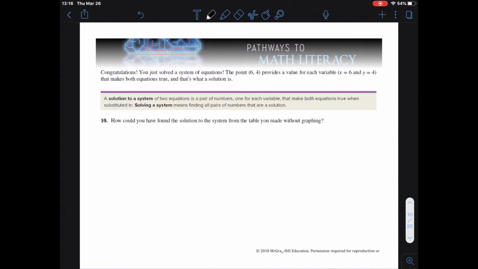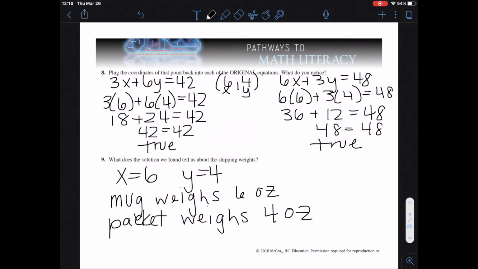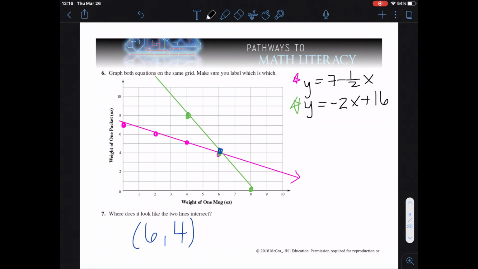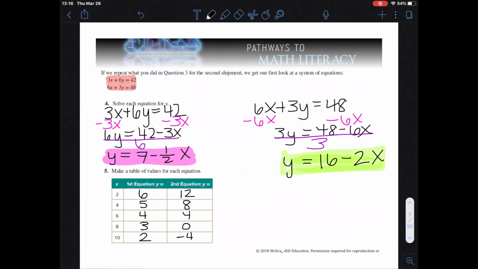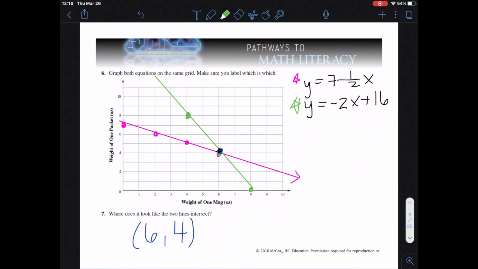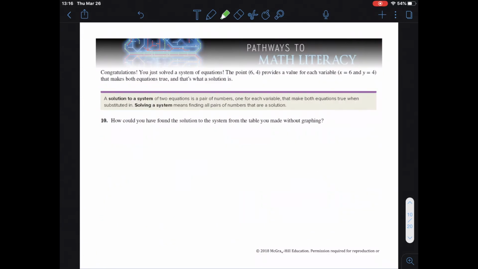So you really didn't have to go through all of these processes. They're all going to work. You do get this same point. But really from this chart, seeing that we got exactly the same y value for this input tells you it's the solution. So there's a multitude of ways you can find it.